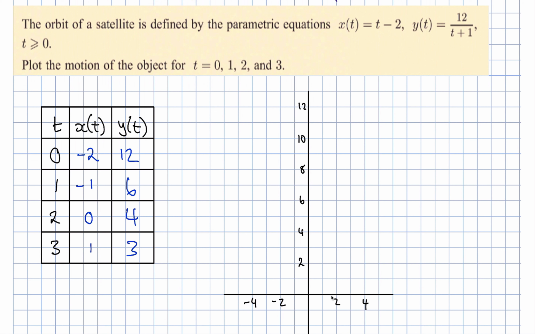If I plot those, just so we can see the curve, at (-2, 12), (-1, 6), (0, 4), and (1, 3), you can see there's that sort of curve that's been plotted. Not very nicely drawn, but that's the idea.